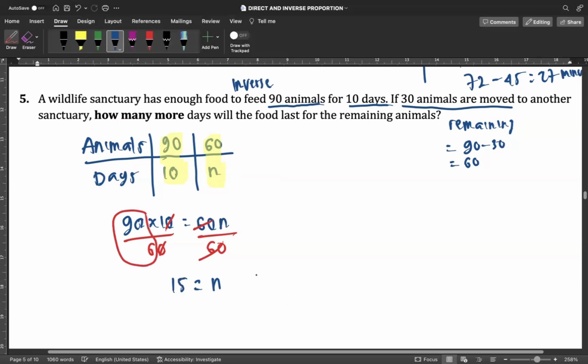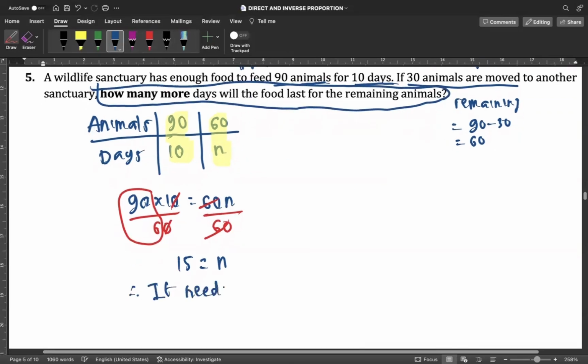But be careful, this is not the final answer, because the question asks you to find how many more days the food will last for the remaining animals. It needs 15, subtract 10. 5 more days. This is the final answer.